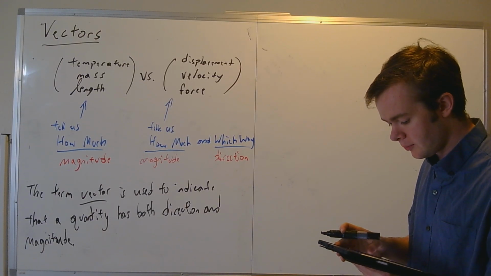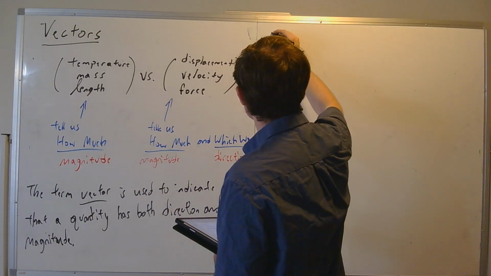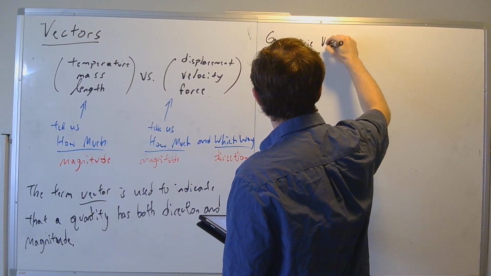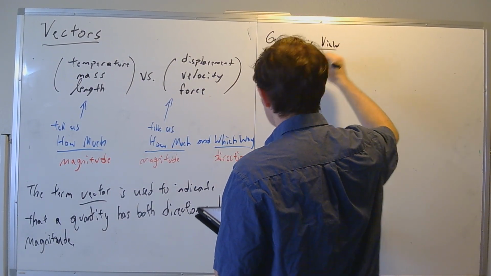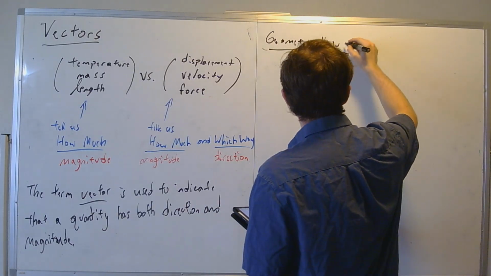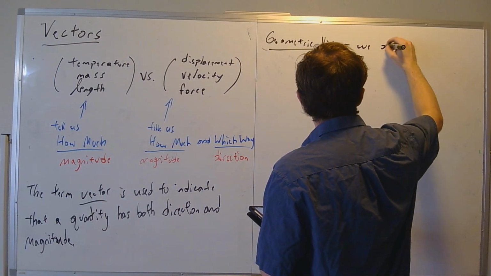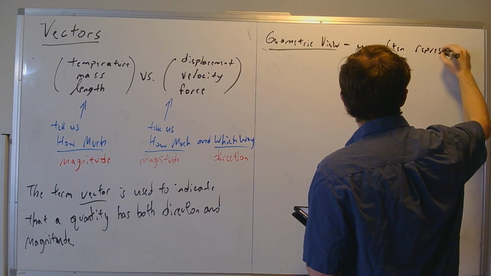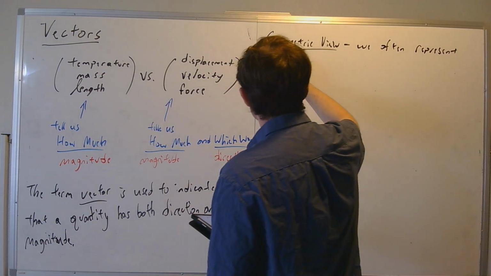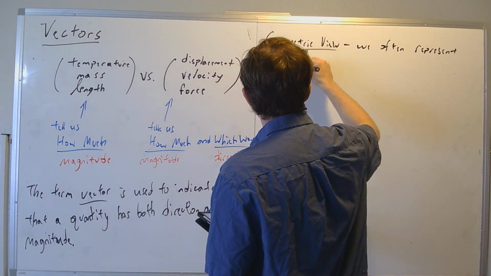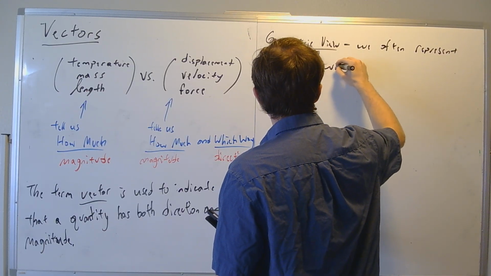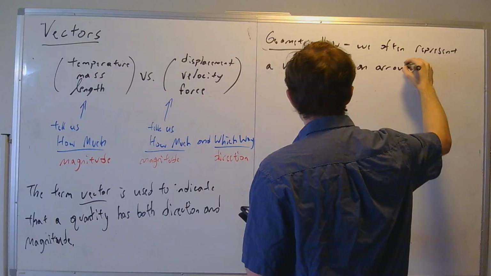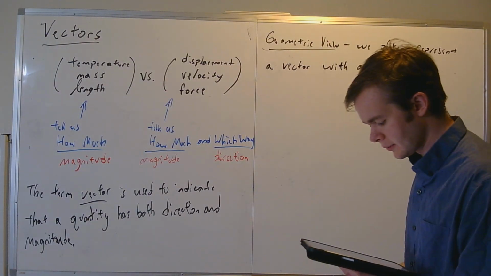Okay. And I'll say here that our geometric view is going to be that we often represent a vector with an arrow. Okay.